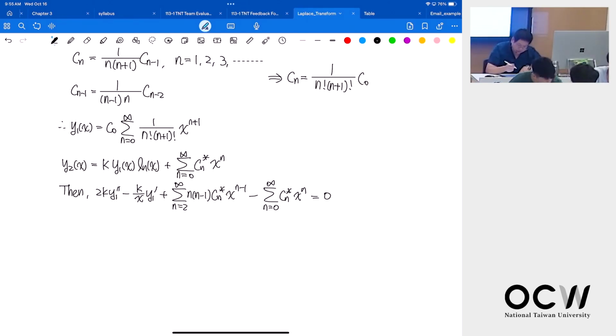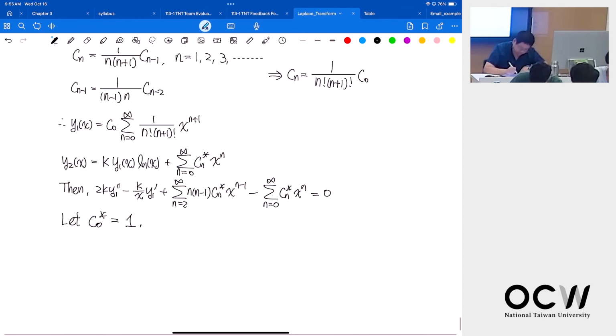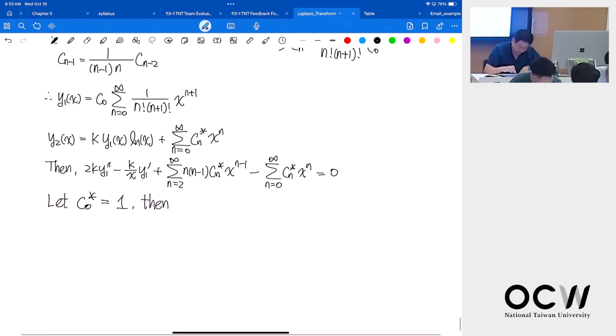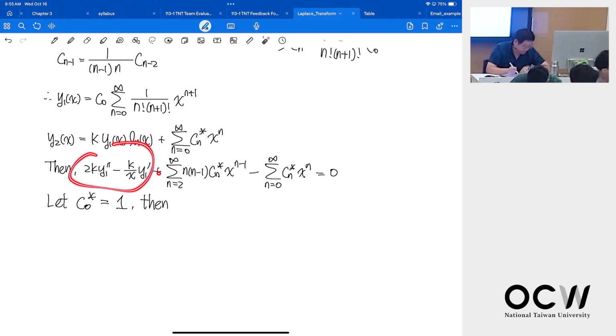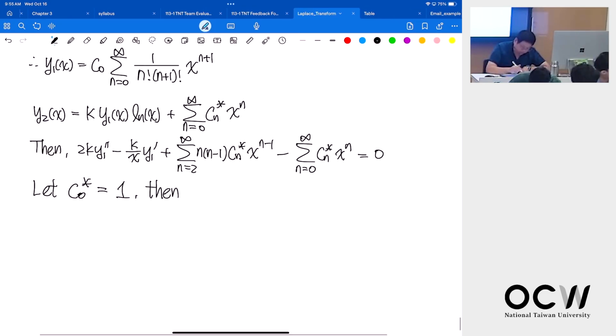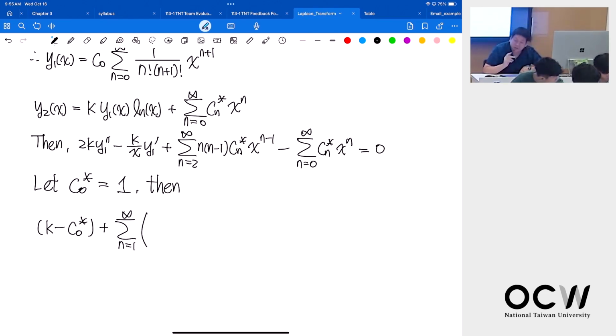We can choose C naught star equals 1. Again, this part will be 0, because they satisfy the original differential equation. We have k minus C naught star plus... make sure that at home during your free time, probably Saturday or Sunday whole morning, you derive it by yourself.